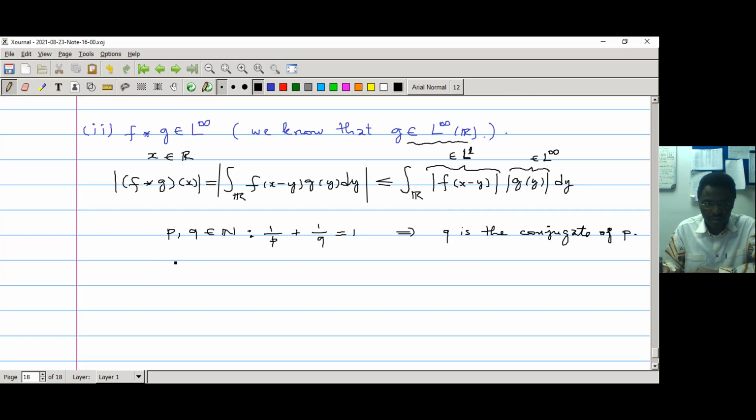So this is called the Hölder inequality. Now, P and Q are such that we have this. Now, if F is in LP and G is in LQ, this implies that the product FG is in L1.